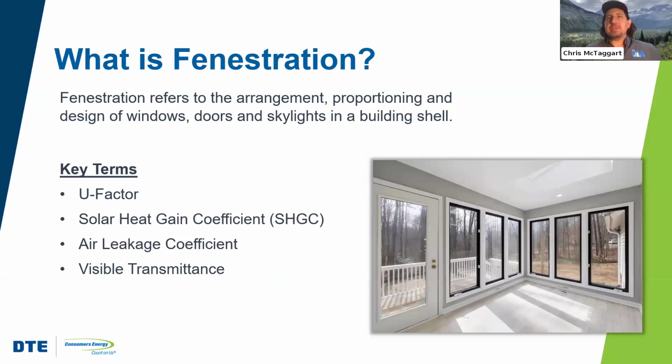So when it comes to fenestration, we're really talking about windows, doors, and skylights. And the key factors that influence building performance are really these four factors that we do see on the NFRC sticker: the U factor, the solar heat gain coefficient, the air leakage coefficient, and the visible transmittance.